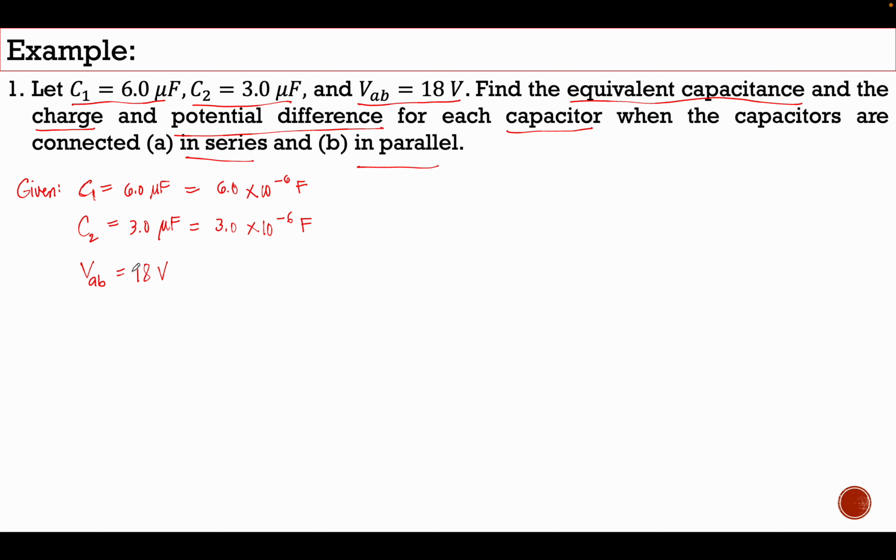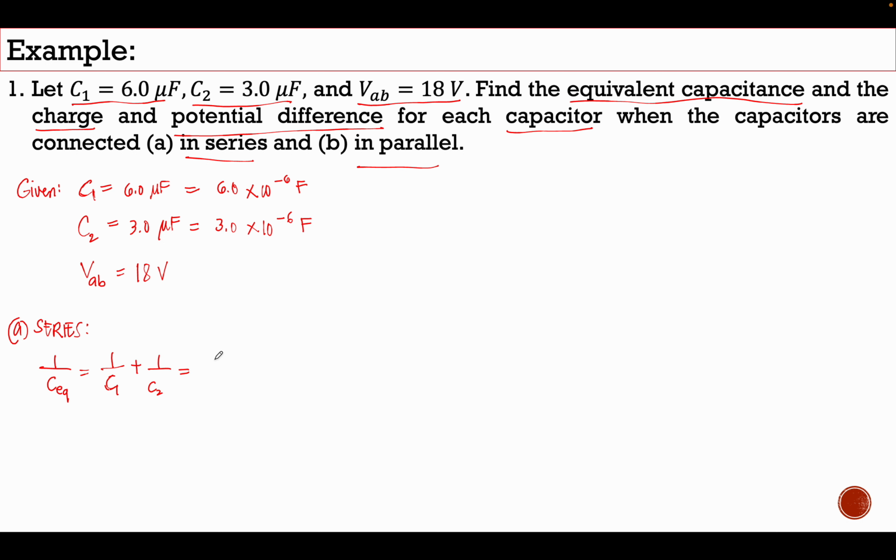Okay, so for letter A, if our capacitors are in series, to get the equivalent capacitance, we have 1 over C equivalent is equal to 1 over C1 plus 1 over C2.